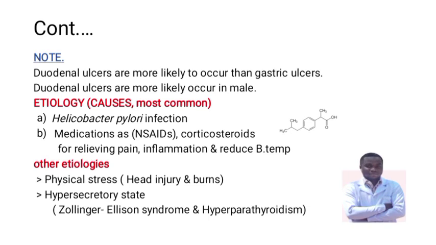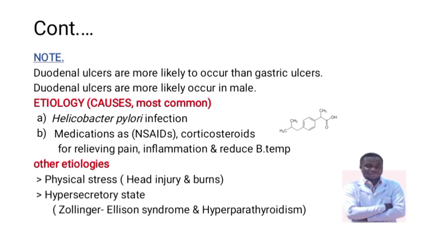This is seen in duodenal ulcers, in which there is a high secretion of hydrochloric acid. There is abnormal stimulation by gastrin, which increases the production of hydrochloric acid by the parietal cells.